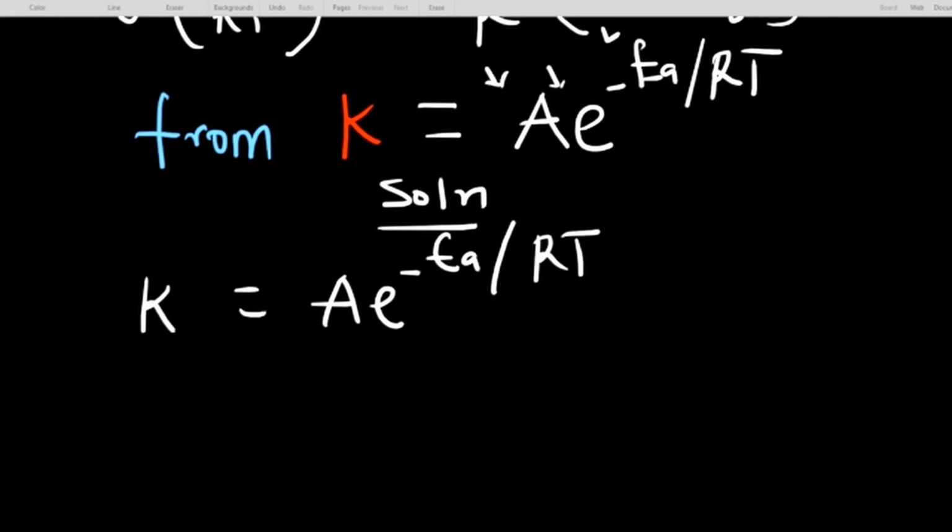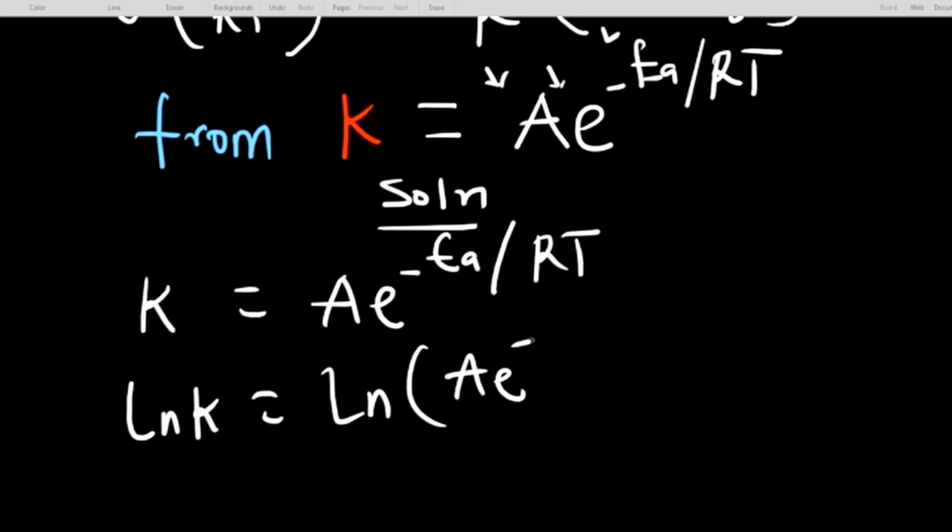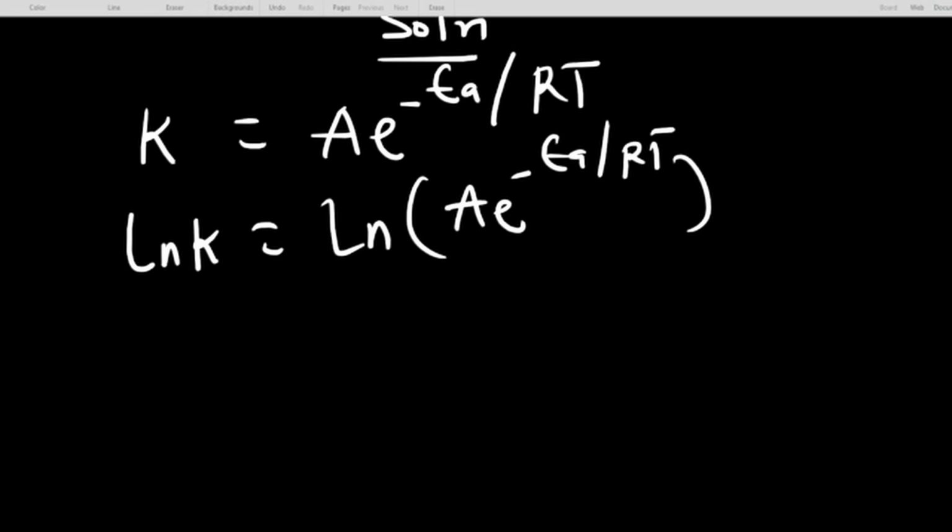The next thing that we have to do is to take the natural logarithm of both sides. So we say ln k equals ln of A e raised to the power of negative Ea over RT.